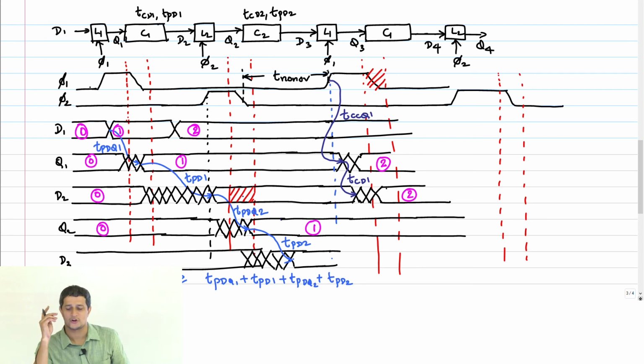So what is the constraint for D2's hold violation not to happen? Think what happens if this T non-overlap is 0. This clock edge has gone all the way till there.